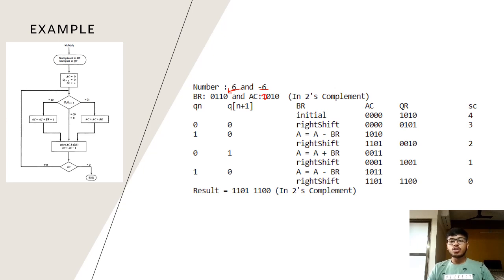Here, QR is taken as minus 6, and as BR is 0 1 1 0, minus BR will be 1 0 1 0. Initially, the accumulator is 0 0 0 0, QR is 1 0 1 0, and the sequence counter is 4. So initialization is done. Now, we will see Qn and Qn plus 1 bits.